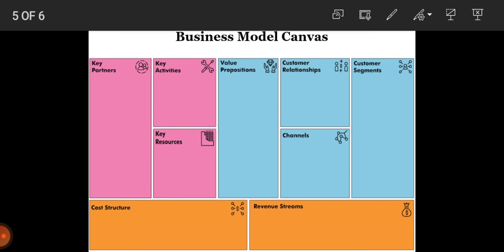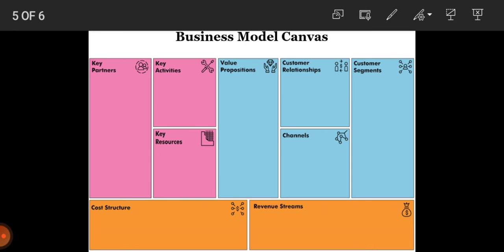Next we have value proposition. The value proposition communicates the number one reason why a product or service is best suited for a customer segment. Next we have customer relationships. The type of relationship a company establishes with its specific customer segment.